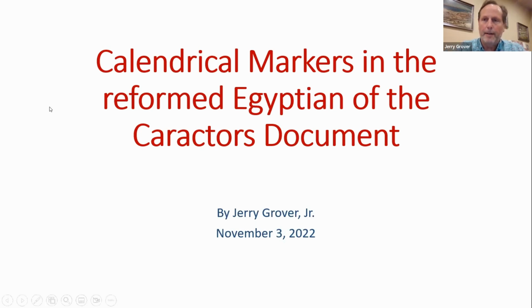So this is just a discussion of those calendrical markers. It's not a discussion of the full Nephite calendar. It's just the markers that are found, and then their Mesoamerican equivalents.